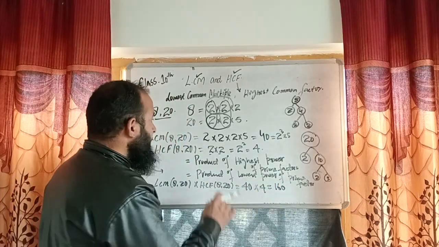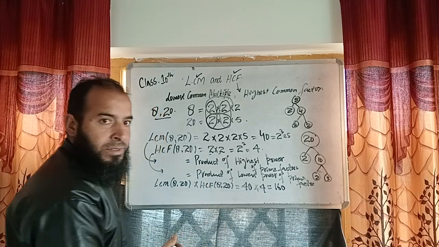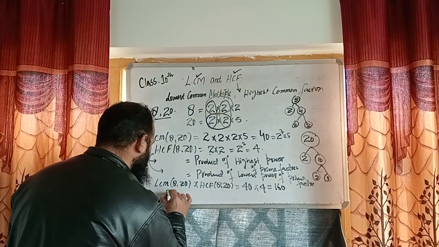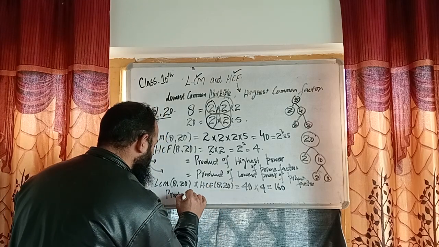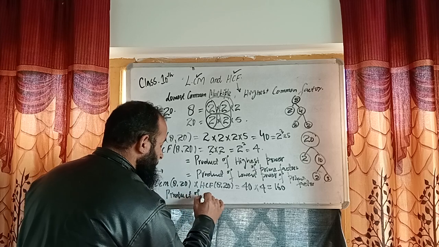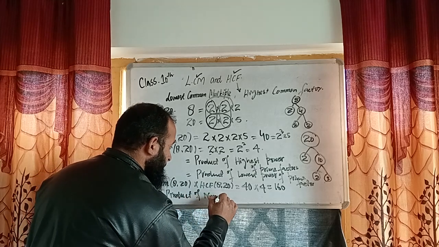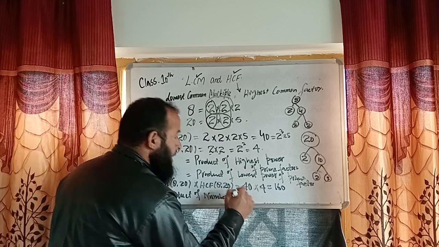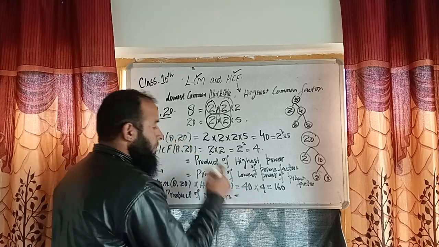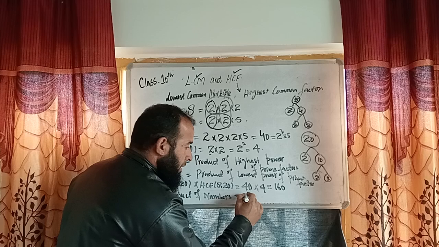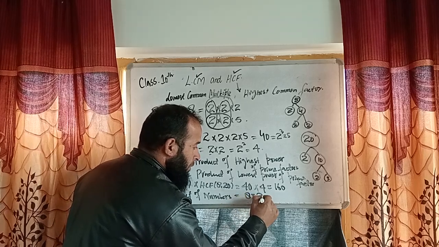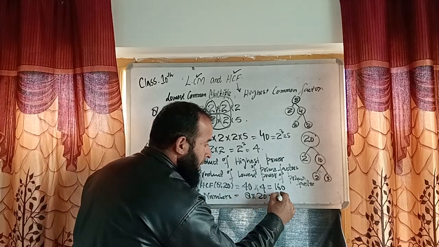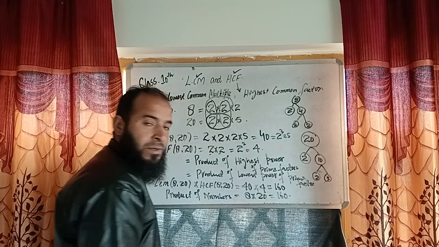And what is the product of the numbers 8 and 20? It is also 160.